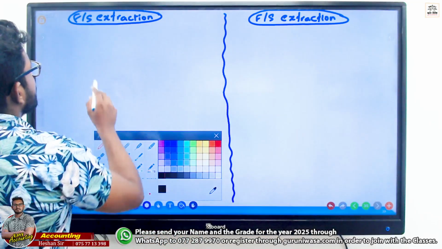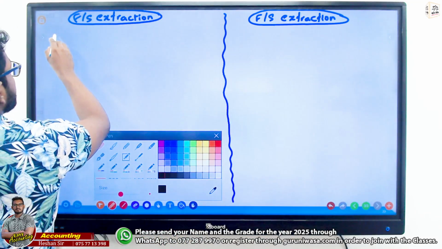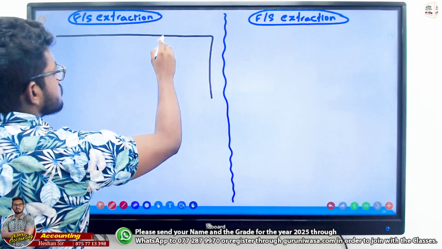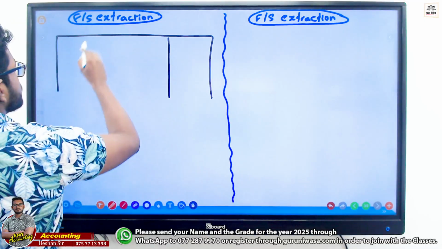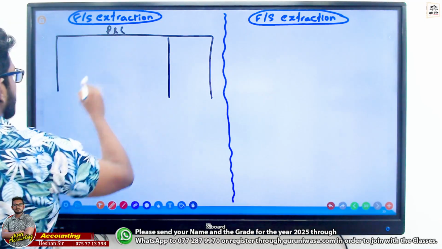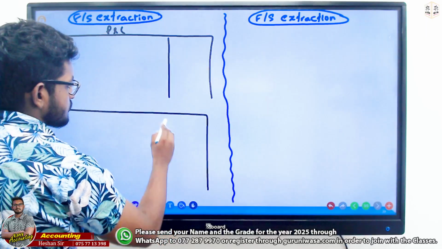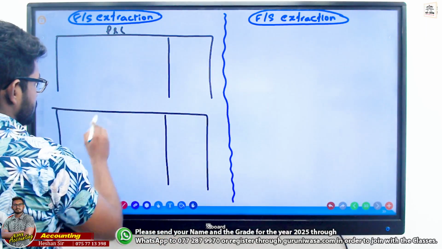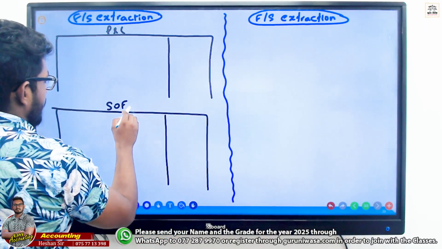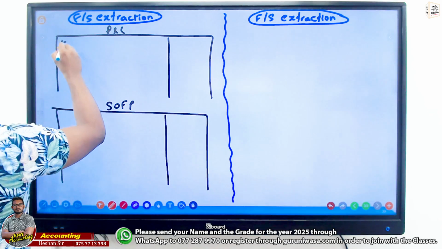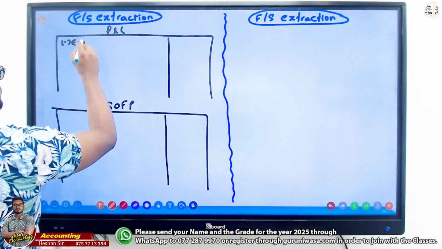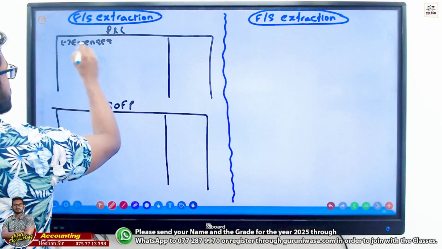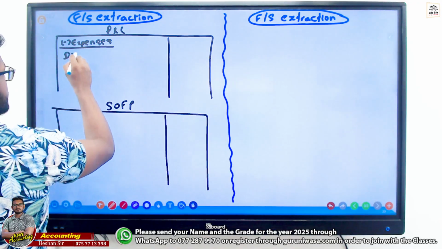Okay. Now if I draw the P&L and SFP, under P&L expenses, both of these go to the distribution expenses.